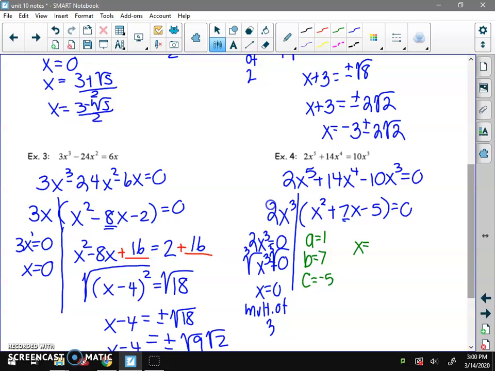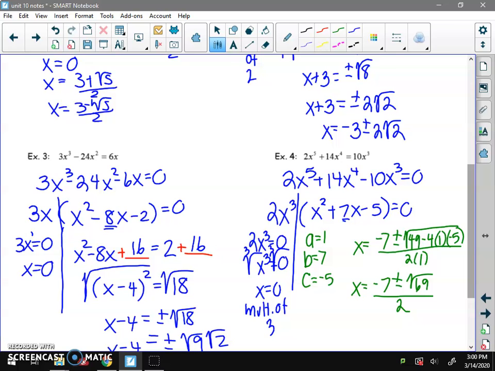So x equals negative b plus or minus the square root of b squared minus 4 times a times c, divided by 2a. So x equals negative 7 plus or minus the square root of 69 divided by 2.